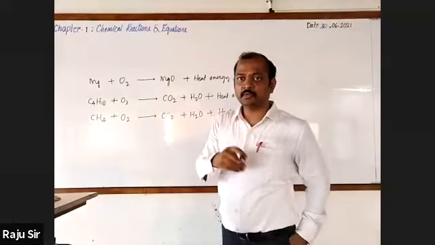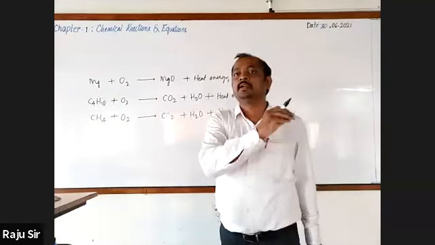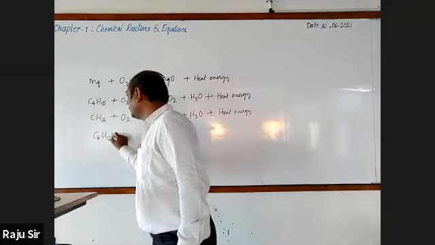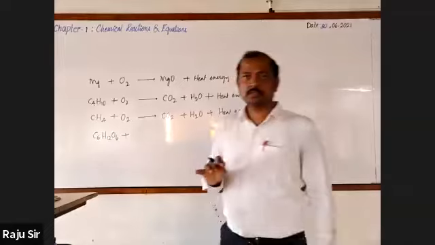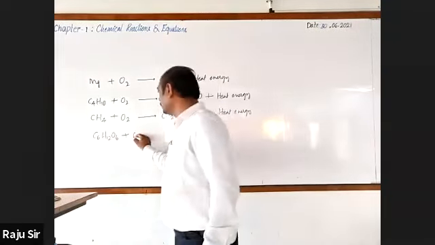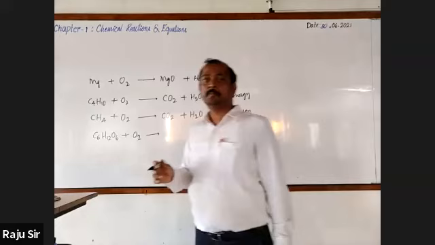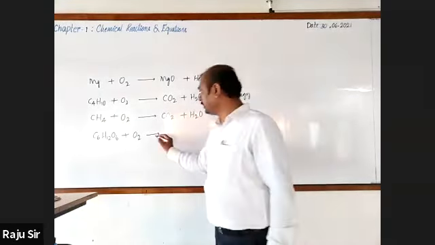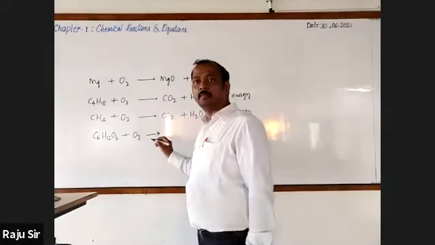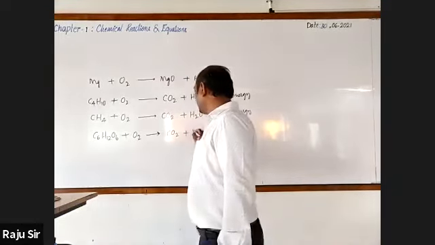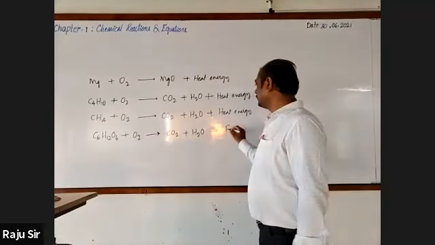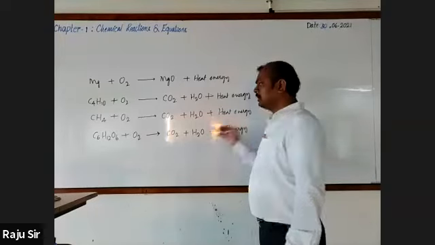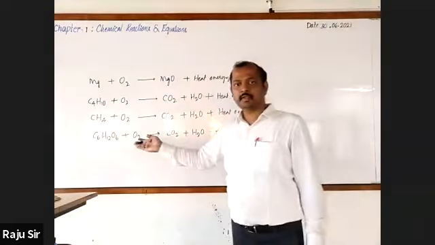First we take the food and it gets converted into glucose, C6H12O6, and this glucose reacts with oxygen, which is in the cells of our body. They react with each other to form carbon dioxide and water, and energy is also released in the form of heat. This process is known as respiration.